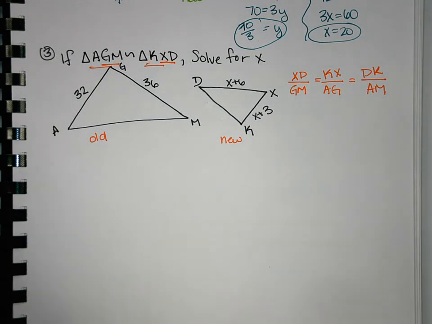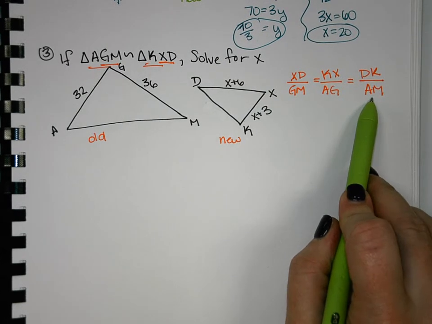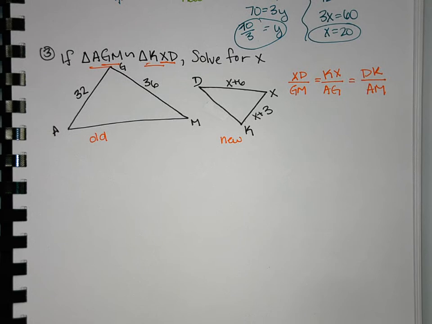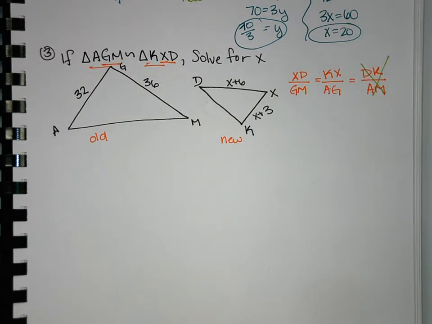So now, do we know anything about DK or AM in our picture? Summer, do you think we have anything for those two sides in our picture? No, they're blank. So what I'm going to do is cross this one off because we're not going to use it. We don't know anything about that side. But what do we know about XD?